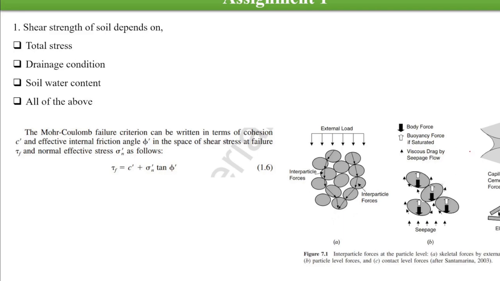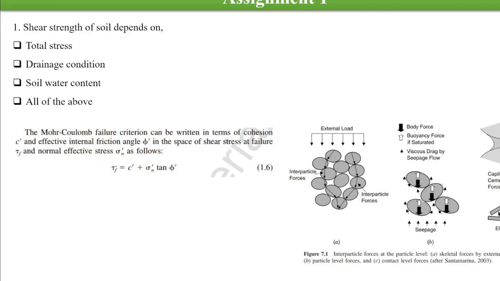If we see from the figure provided on the right side, we'll see what forces are available. The first are the interparticle forces, and the second, if pore water is present, is the force due to pore water, or the force due to seepage if drainage is happening.